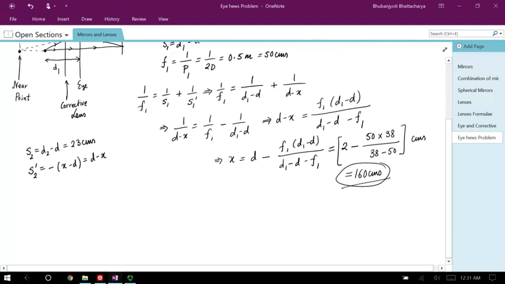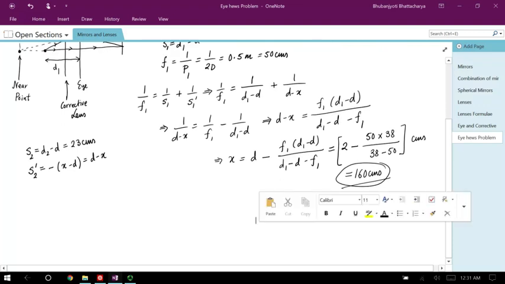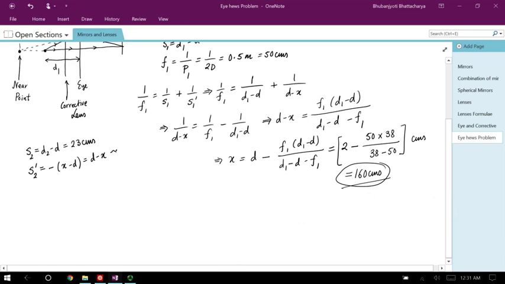And we found that d minus x, where d was 2 centimeters and x is 160 centimeters, is roughly equal to negative 158 centimeters. The rest of this is going to be quite simple. We are expected to find p2, the power of the corrective lens required. p2 is equal to 1 over f2, which is equal to 1 over s2 plus 1 over s2 prime.